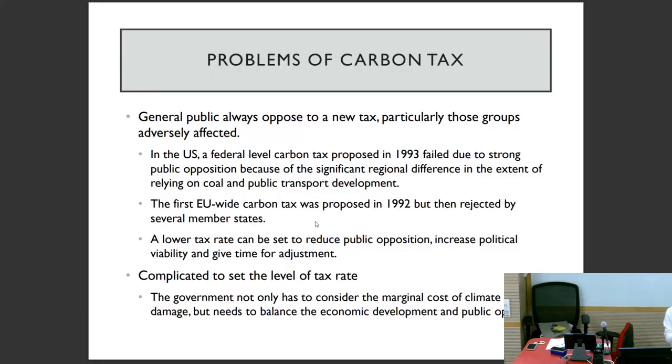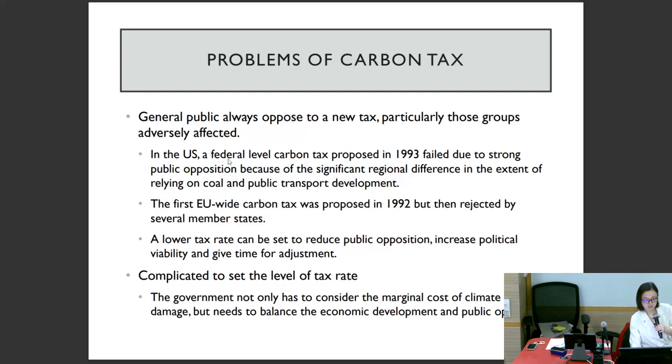And the government has already withdrawn this tax. And so for carbon tax, it may face the same difficulties. So general public always opposed to new tax. So no one wants to pay that money, particularly those groups adversely affected.